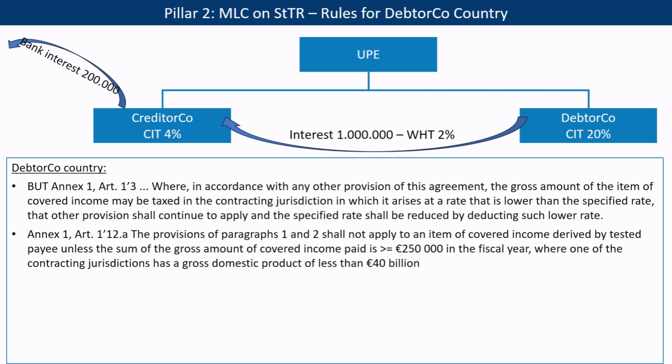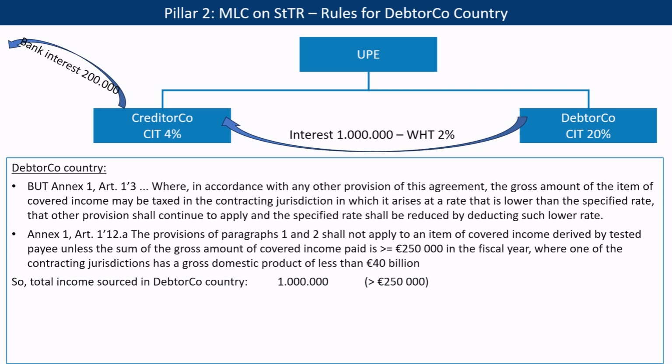Now, we'll assume here that debtor country has less than 40 billion, and therefore the threshold is 250,000, which means that if the interest paid from debtor to creditor was 249,000, there would be no STTR due, but if it was 251,000, then there would be STTR due.